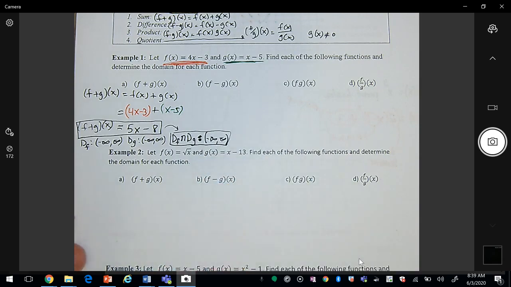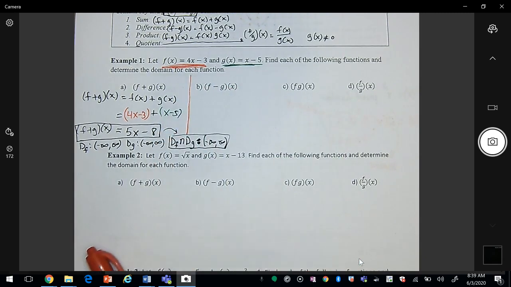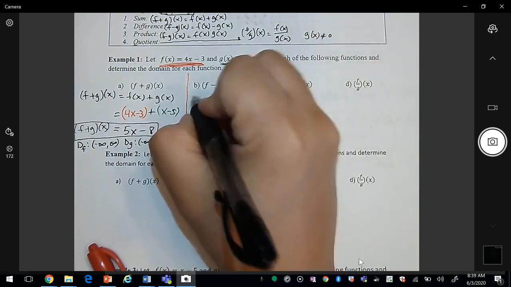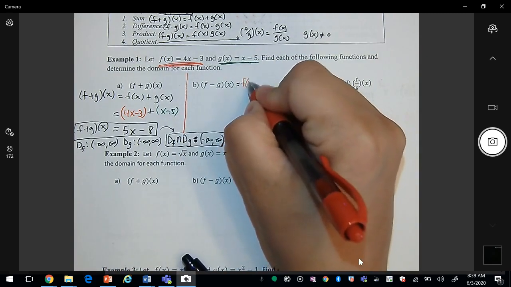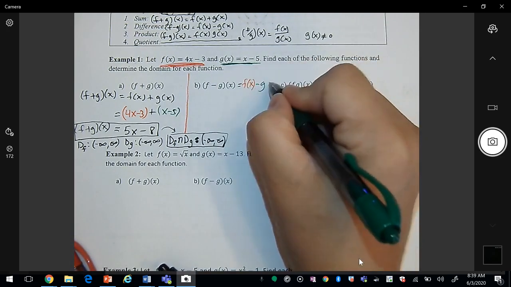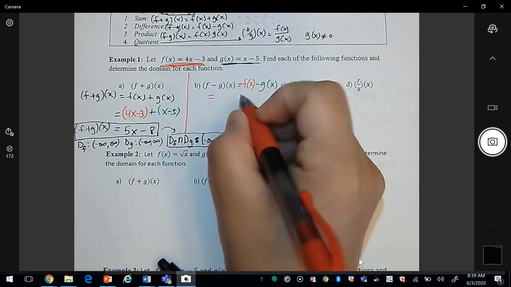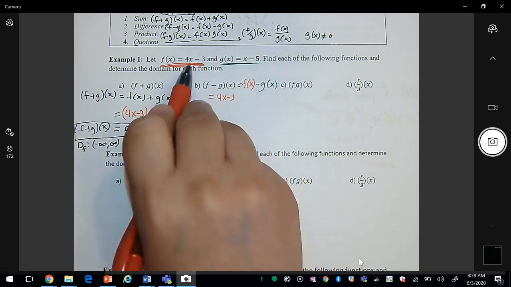Okay, let's look at letter B. So for letter B, we have f of x. We can rewrite this as f of x minus g of x. So f of x in this example is 4x minus 3. That's given here.